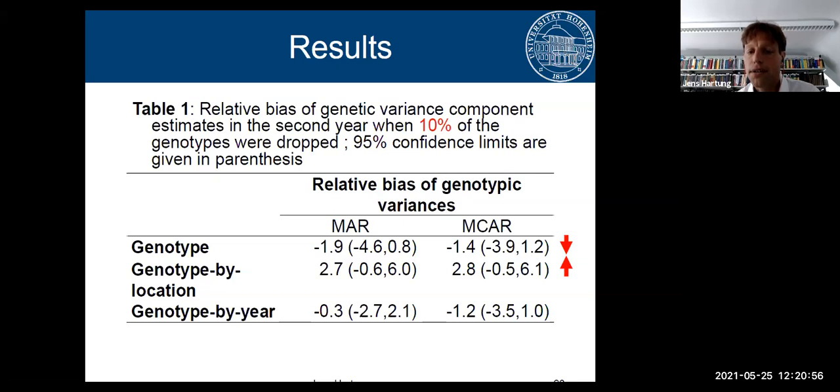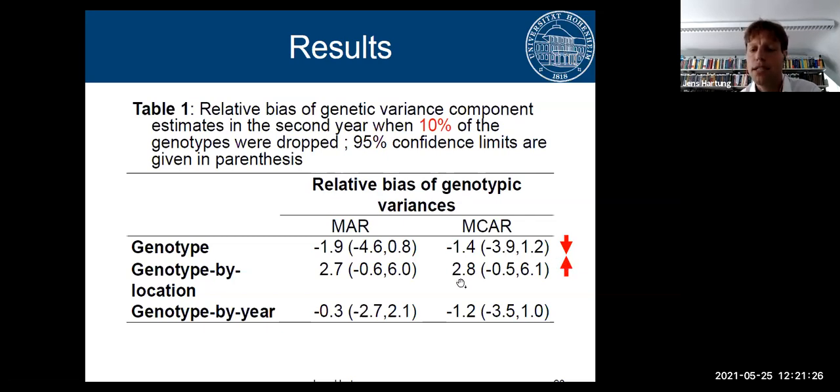And what you can see from the 95% confidence limits is that the first value of the confidence limits is always negative, while the second one is always positive, meaning that there is a slight downward bias for the genotype variance, and a slightly upward bias in genotype by location variance, but it's not significant.